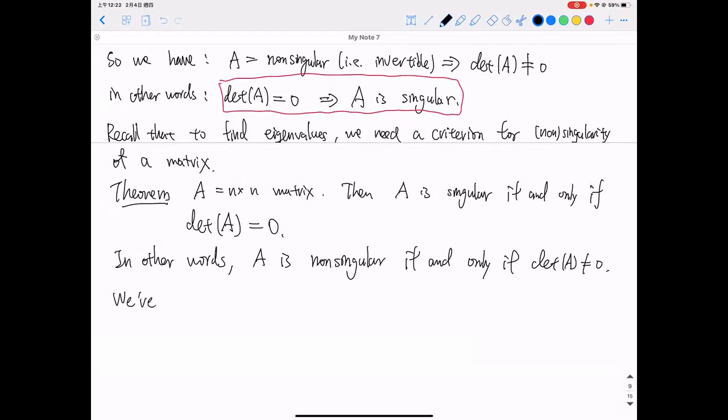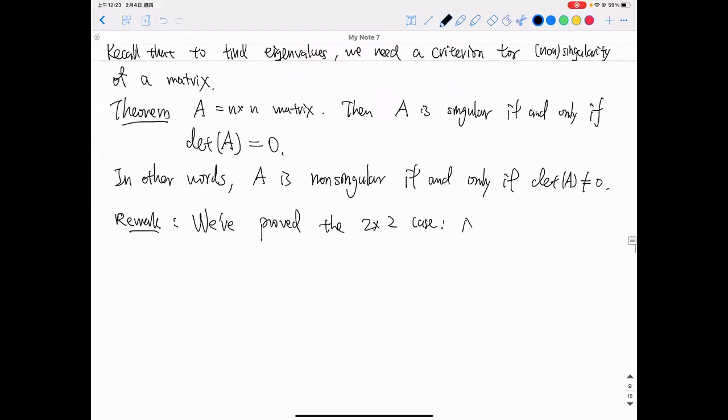And let's first remark that we proved the 2 by 2 case already. Because if the matrix A is of the form A, B, C, D, then we have the following formula.